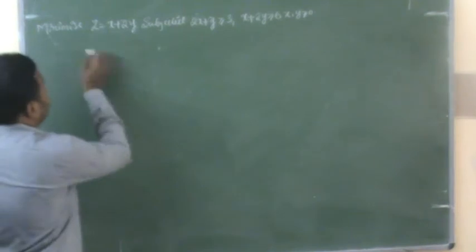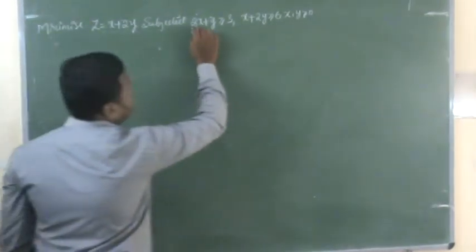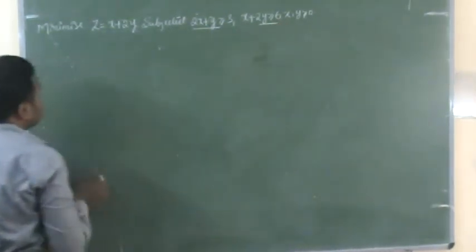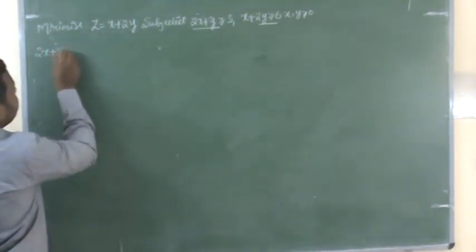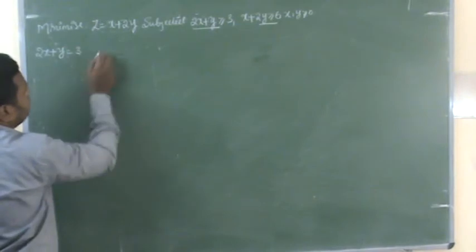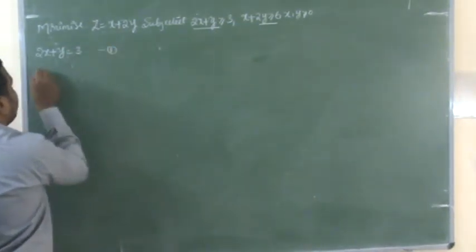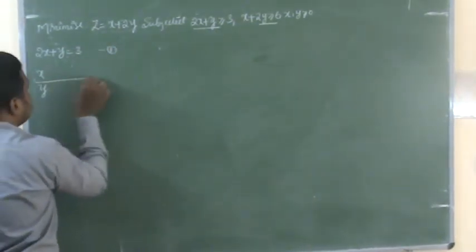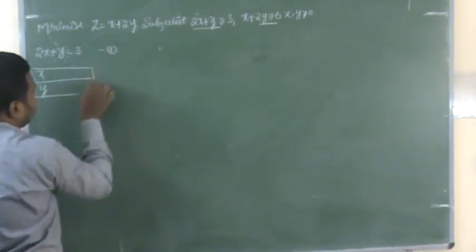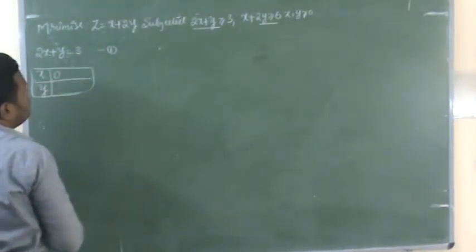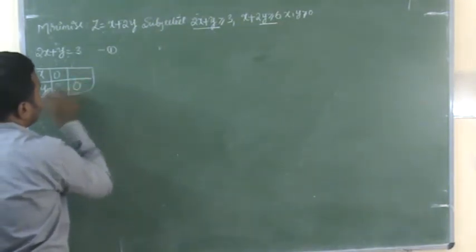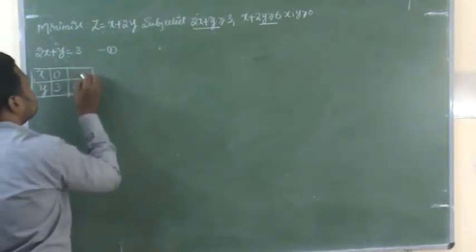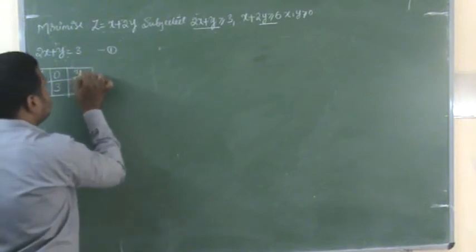We solve this problem. First take the equation 2x plus y is equal to 3. When x is equal to 0, the y value is 3, and when y is equal to 0, the x value is 3 by 2.